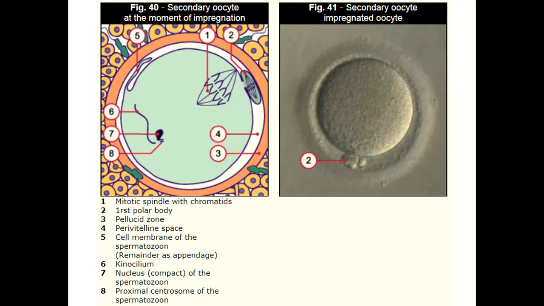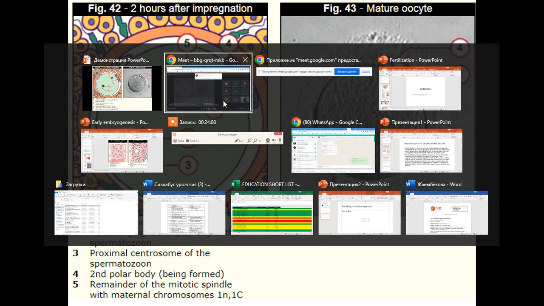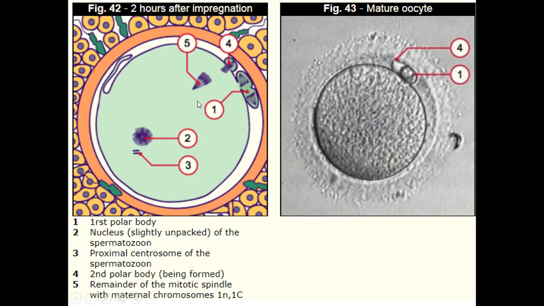And now when male chromosomes are formed, the female chromosomes have already finished their division, forming the second polar body.